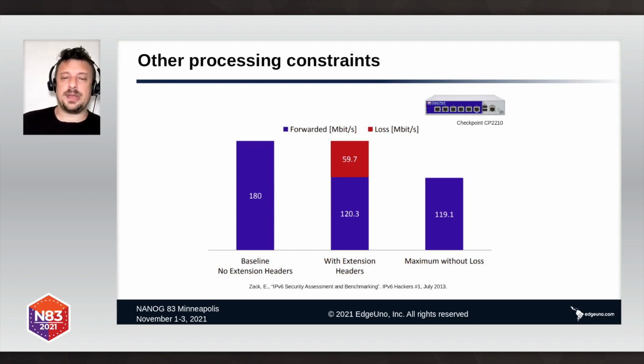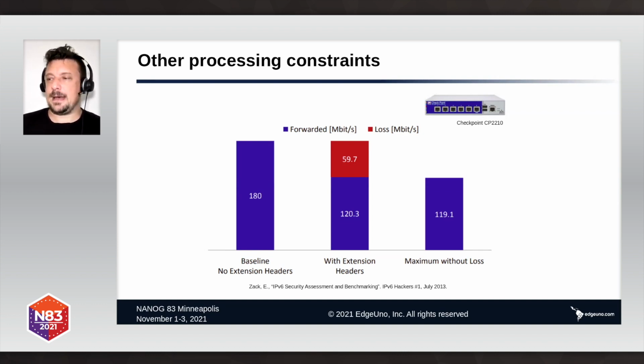Okay. So in this slide, essentially, we have a summary of the measurements that Eldad did for a specific device, where you have the throughput when you have IPv6 traffic without extension headers, and the loss in throughput when the traffic incorporates extension headers.